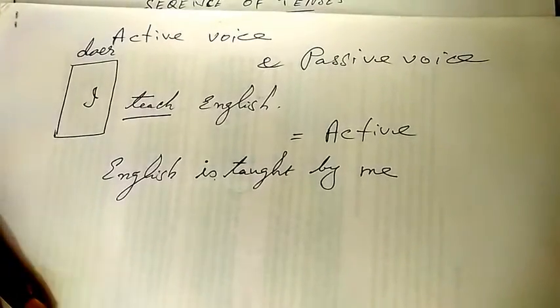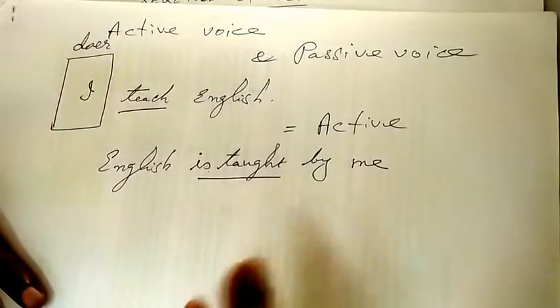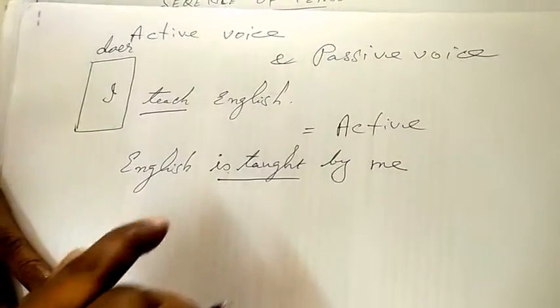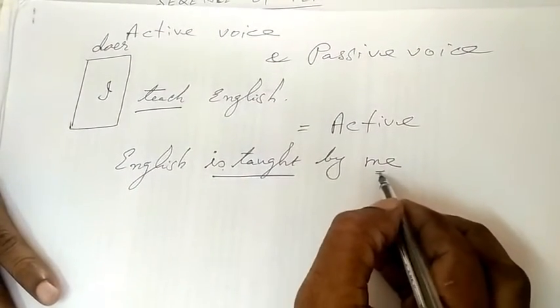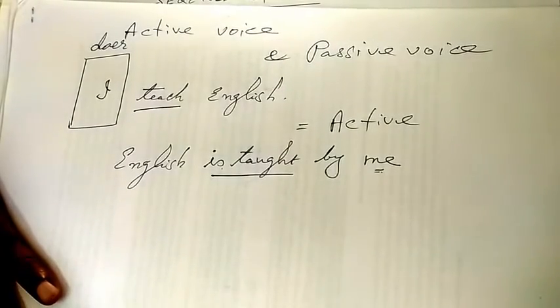Here, where is the verb? Is taught. And what is the action? Action of teaching. Now, who is doing that action of teaching? It is far away here, me. But then, who is in the place of subject?